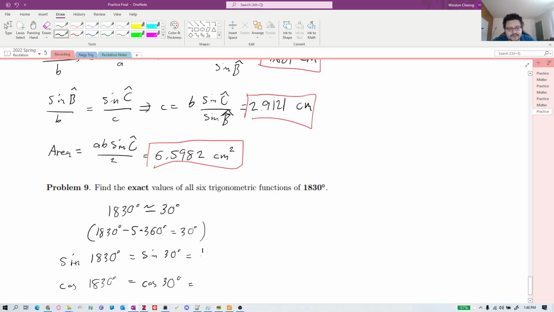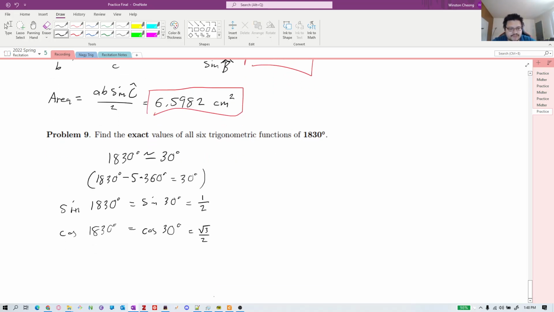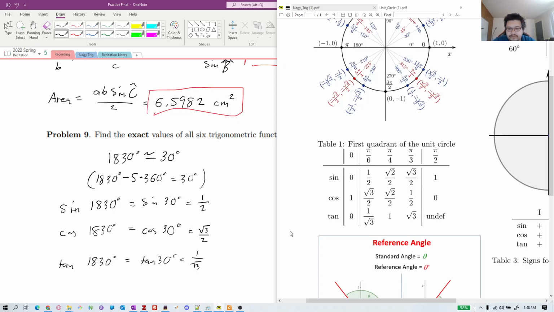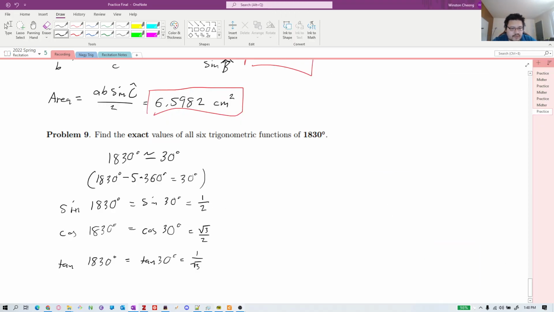So sine is a half, and cosine is √3 over 2, and tangent is, let me fill out this line, 1 over √3, as I like to express it. Or you could say √3 over 3, which is the more common textbook way of writing that. And then for the other column, we just reciprocate.